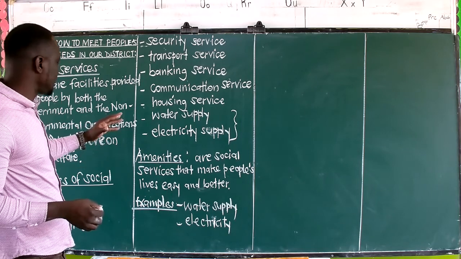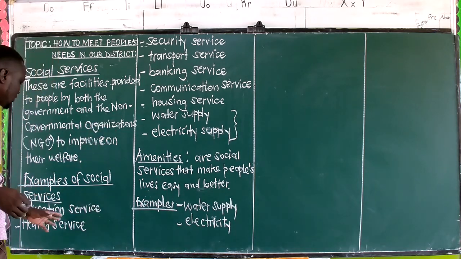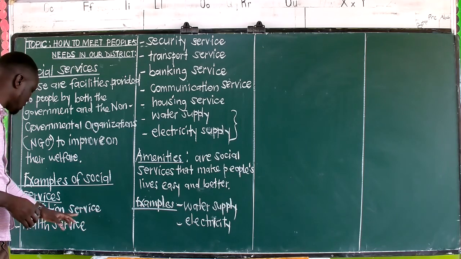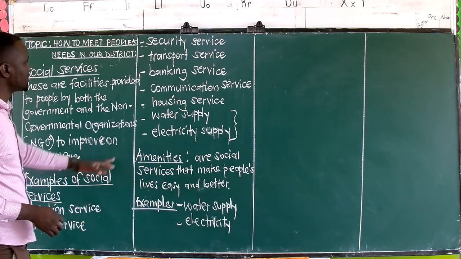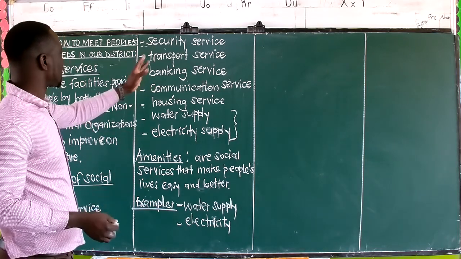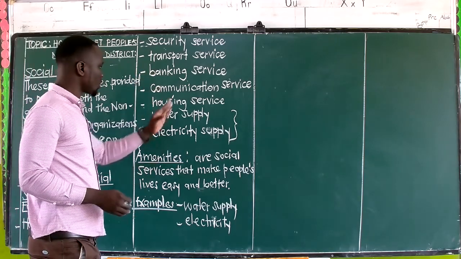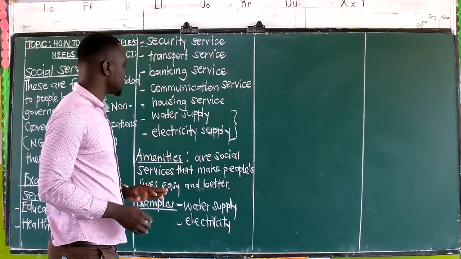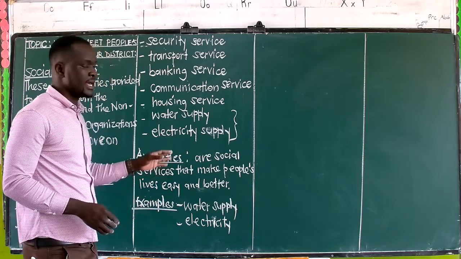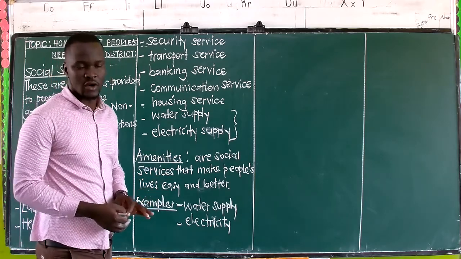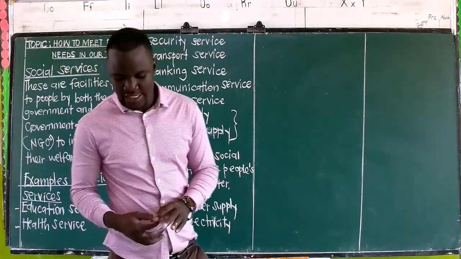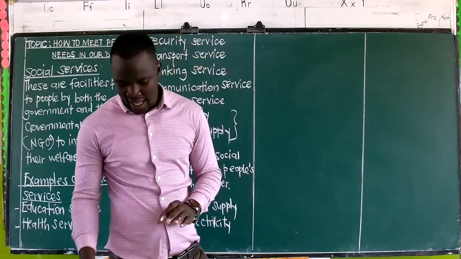So, having looked at these examples of social services, we have started from education service, health service, security service, transport, banking, communication, housing service, water supply, and electricity. Of course, the two are the ones that we are calling the amenities.